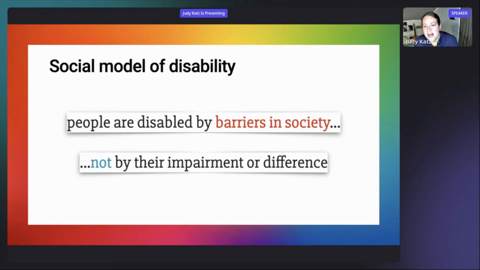So what we're doing today is reducing disability, because we are going to talk about reducing some of the barriers in society, specifically in the workplace, in the learning and development world, to everyone having a productive learning experience that works for their brain.